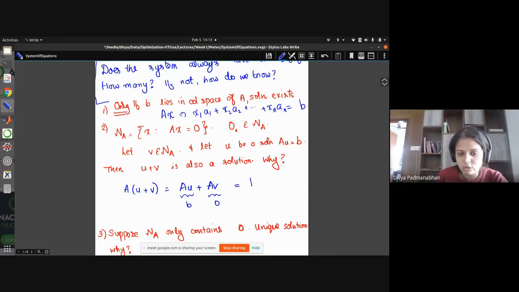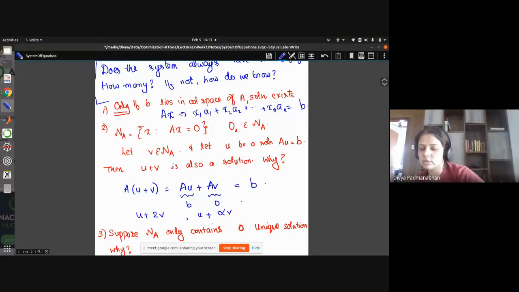So U plus V is also going to be a solution, and in fact, any multiple of V. Suppose you take U plus 2V, that's also a solution. In general, U plus any alpha V is going to be a solution for the system. So you're going to have infinitely many solutions.